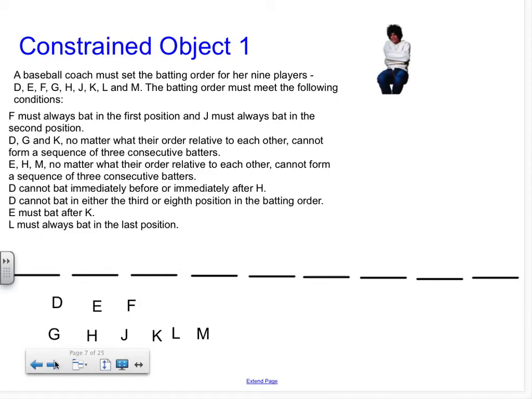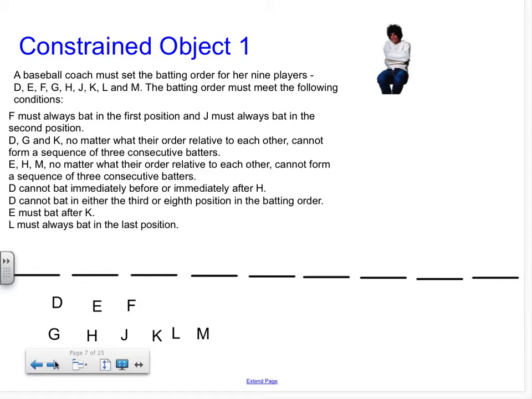A baseball coach must set the batting order for her 9 players, D, E, F, G, H, J, K, L, and M. The batting order must meet the following conditions. F must always bat in the first position, and J must always bat in the second position. D, G, and K, no matter what their order relative to each other, cannot form a sequence of 3 consecutive batters.